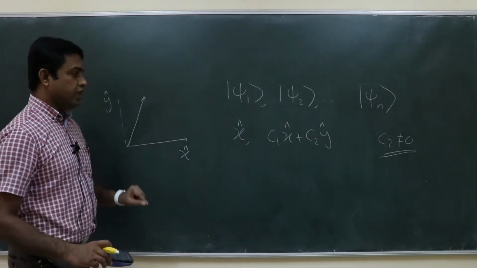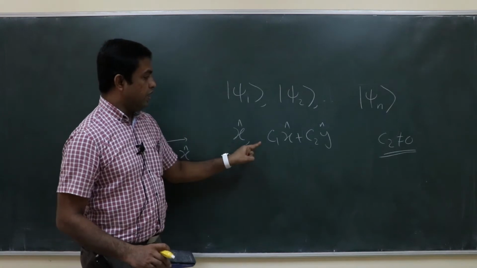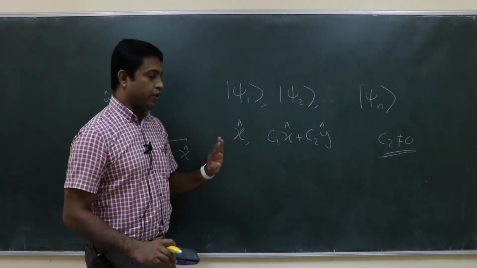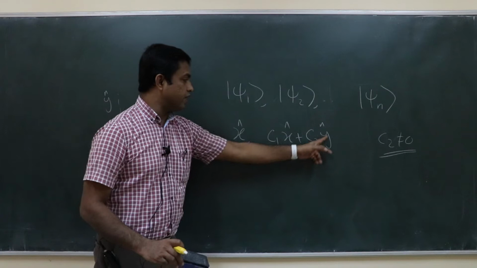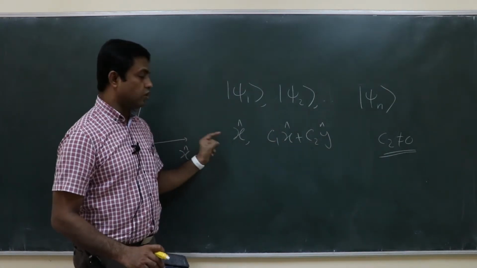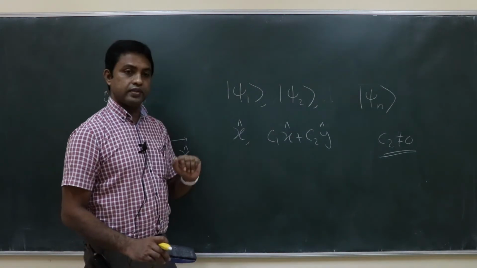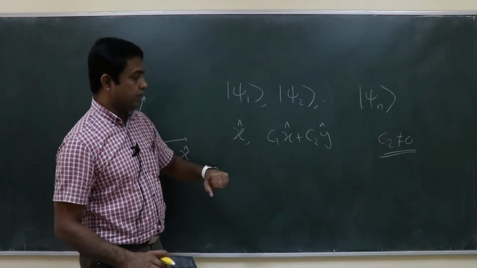So now the question is, how do I make them orthonormal? The first vector, no problem, is normalized. The second vector I take, and I want to make that second vector orthogonal to the first one, and normalize whatever I created.